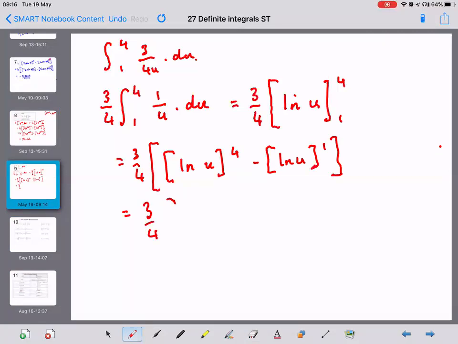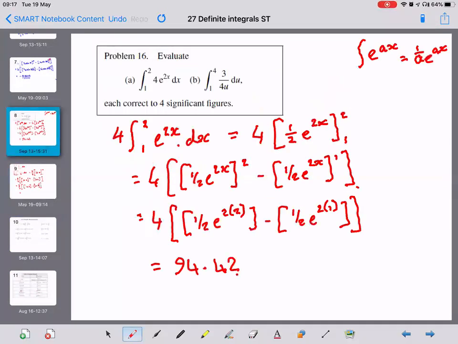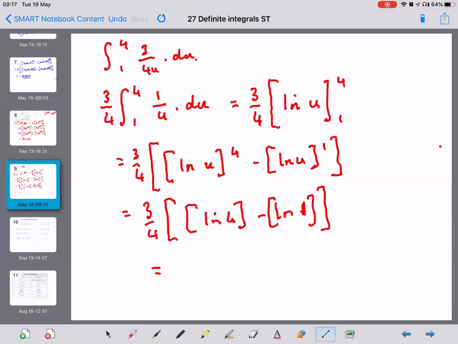Three-quarters of ln 4 minus ln 1. And if you plug that in your calculators, you should get 1.040.